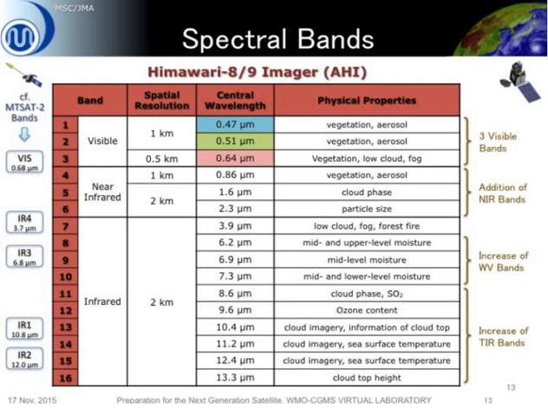Here I introduce characteristics of AHI 16 spectral bands. As I mentioned, AHI is the imager on Himawari 8 and 9. From band 1 to band 3, those are visible bands. Their wavelengths are in blue, green, red, so we can obtain true color image from these 3 visible bands.